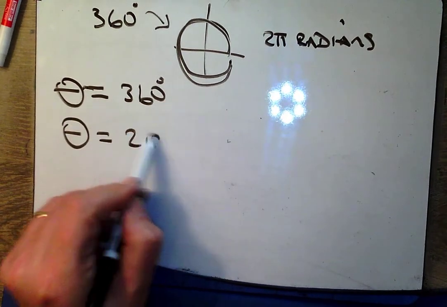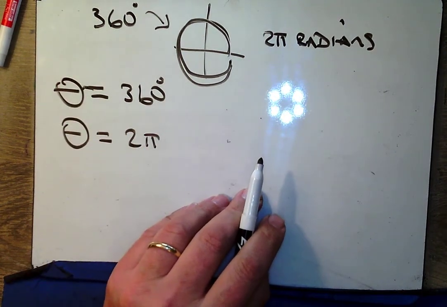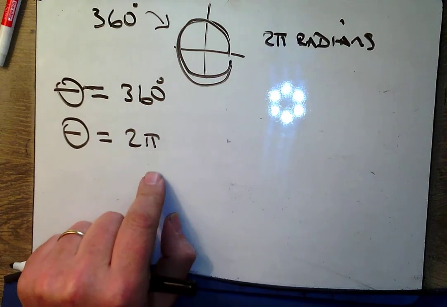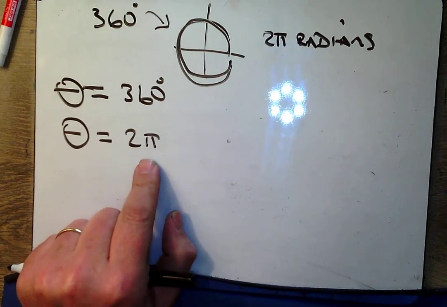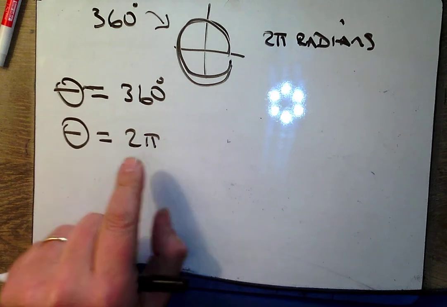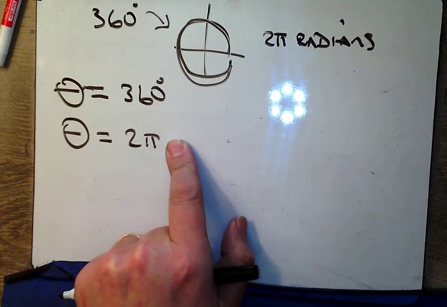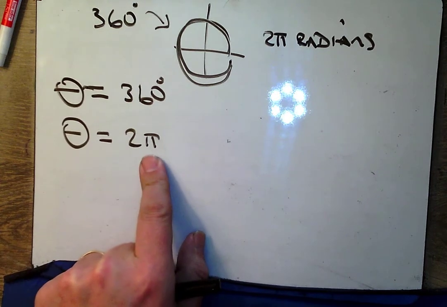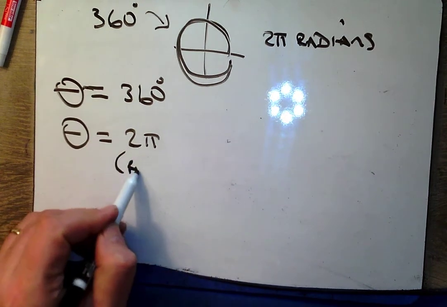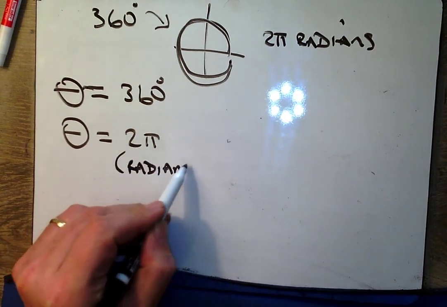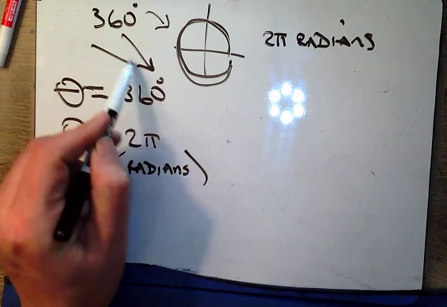Theta equals 2 pi. You know how I know that radians is the more common, more important unit of measure? Because I don't have to put any units here. When there are no units, it is understood that we're talking about radians. See that symbol?